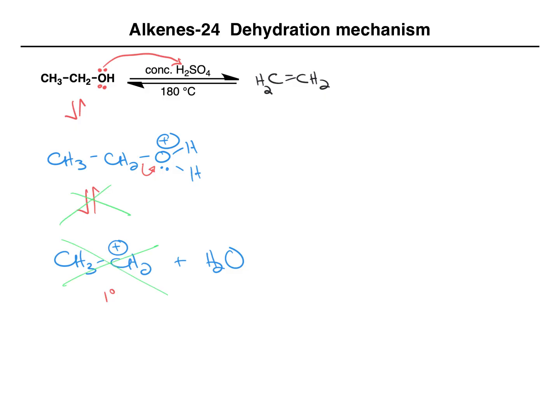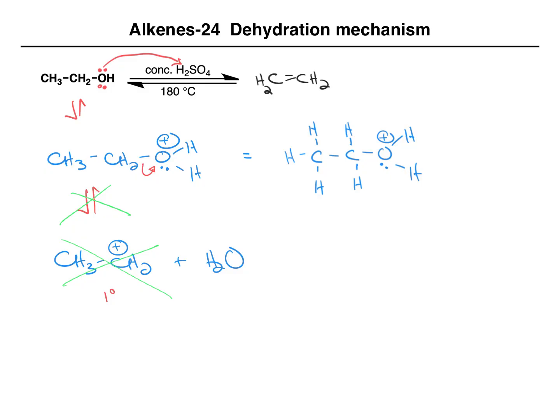We are not going to generate a primary carbocation. Instead, let's rewrite this in a little more detail. So here are my 3 hydrogens and my 2 hydrogens, and we've got our protonated alcohol. This has the positive charge on the oxygen.